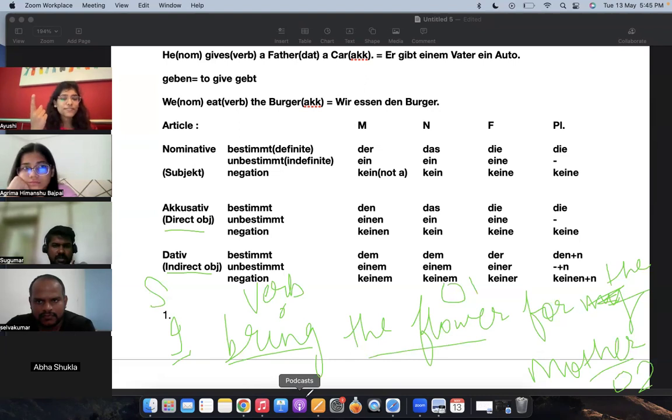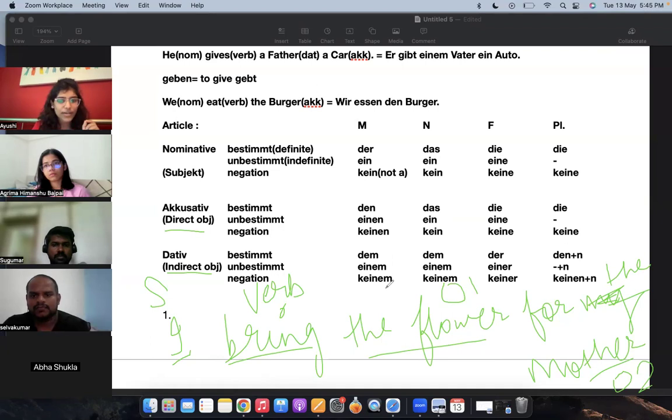But if you say I bring for the mother, I will ask, what do you bring? That's not a complete sentence. So without your direct object, your sentence can't be completed. Do you get my point? The direct object is like the main object. Without flower, our sentence was not complete, right, guys? So flower is your direct object and mother is your indirect object. Is that clear?